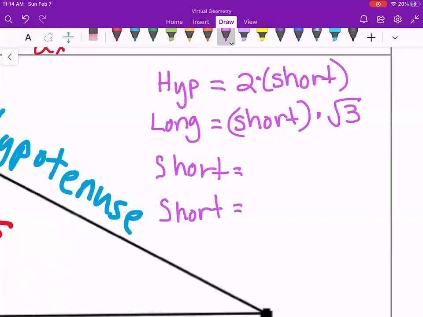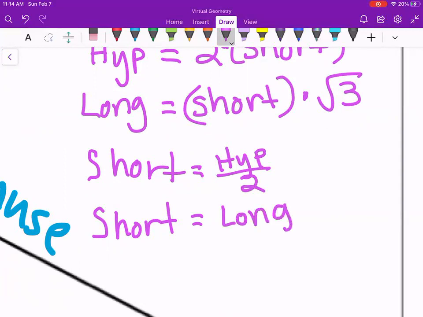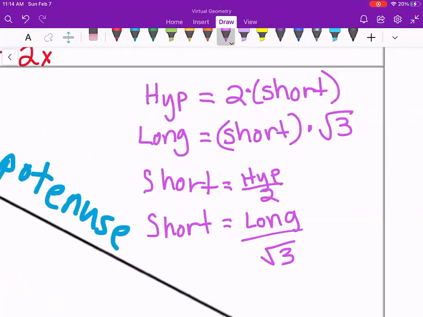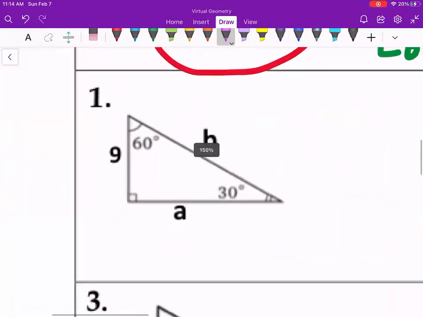So to find the short, I can do the hypotenuse divided by 2, or I can do the long divided by square root 3. So those are my 4 different formulas that we're using. So it just depends on what information they give me, what one side they give me, and what side I need. And that lets me know which formula I need to use. So let's check out some examples on how we use those different formulas.